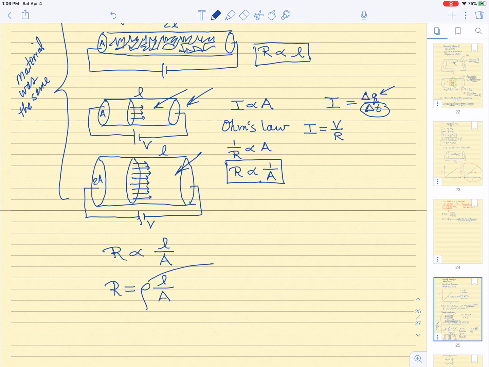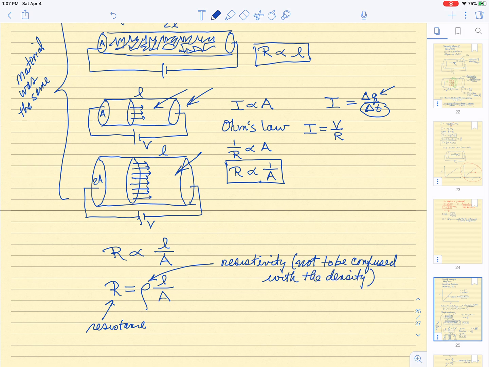So we got to be careful here, right? So this is the resistivity, all right? This is the resistance. Rho is the resistivity, right? Not to be confused with the density, okay?